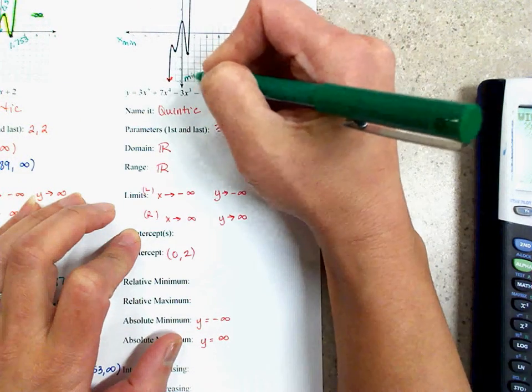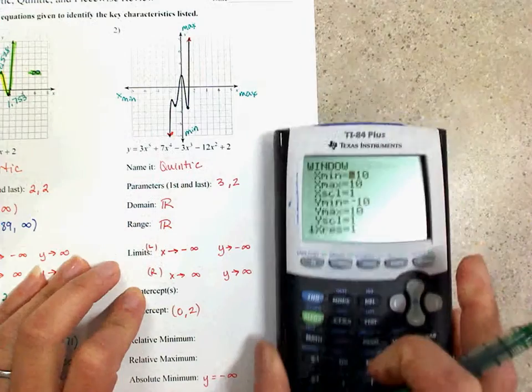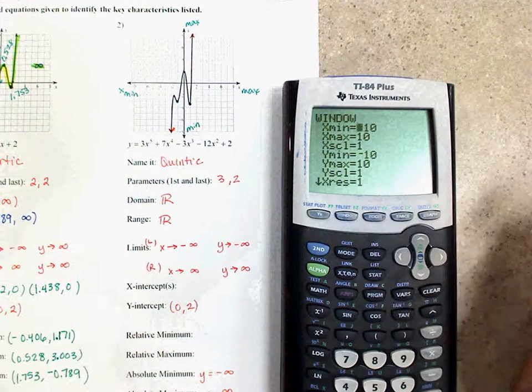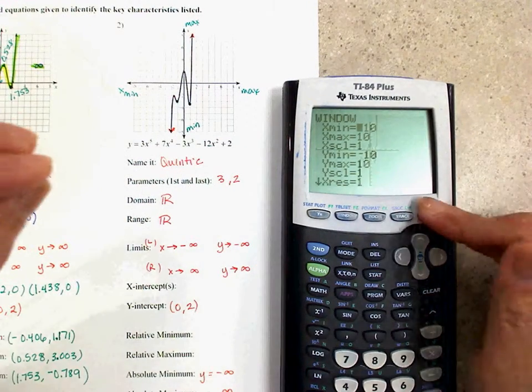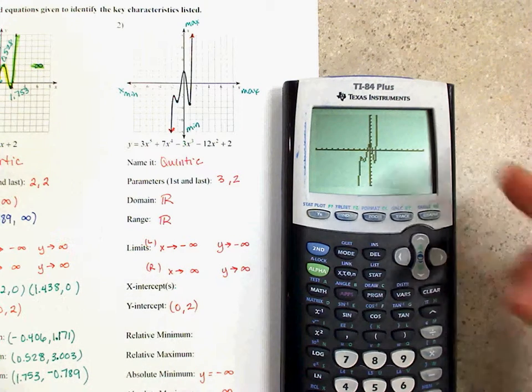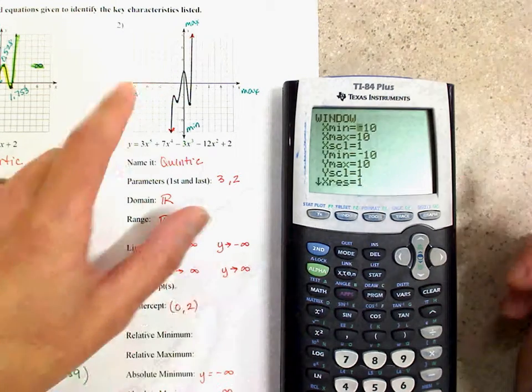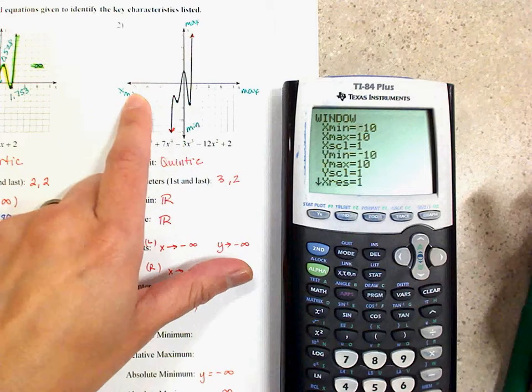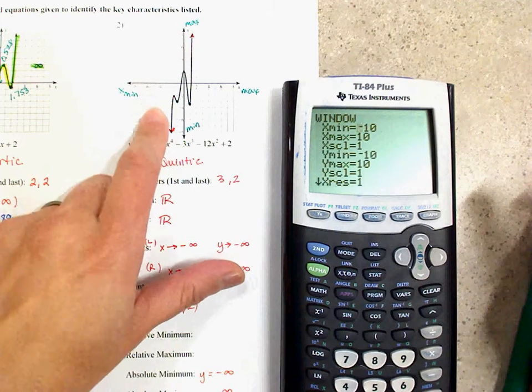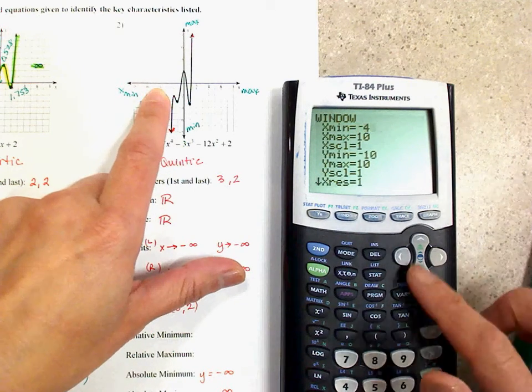All right. So when I go to my window, I want to be able to focus on it. Because if you notice the graph, it's kind of right there, but I have a hard time seeing it. And for that reason, we're going to play with the windows a little bit. All right. X minimum, instead of negative 10, how about I go to negative 4 so I can still see the graph.